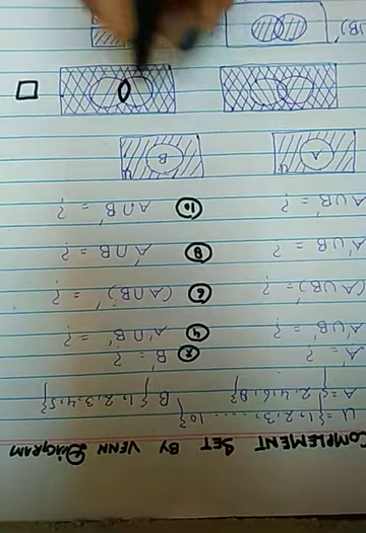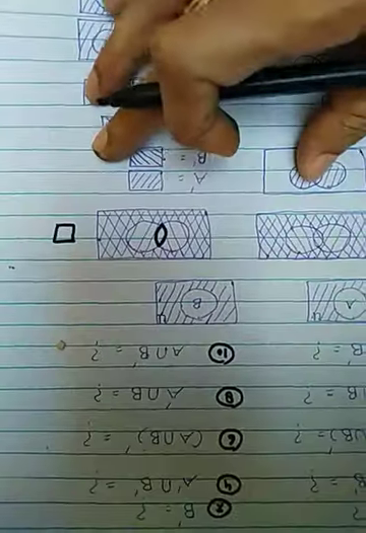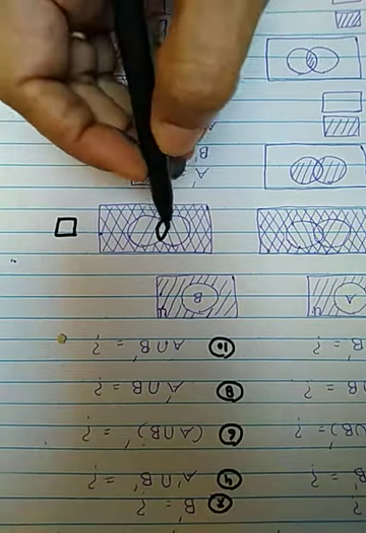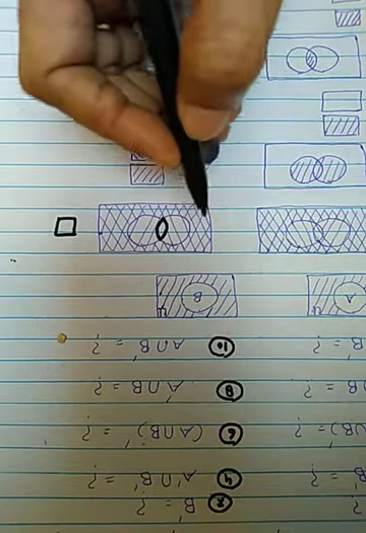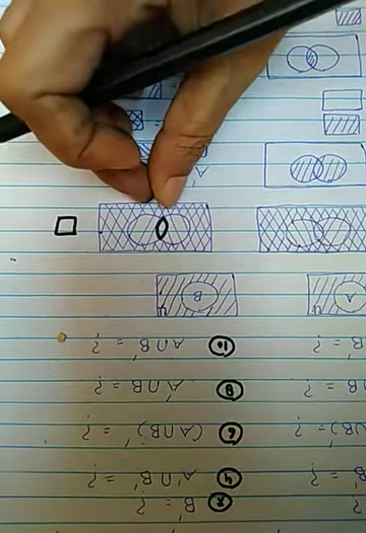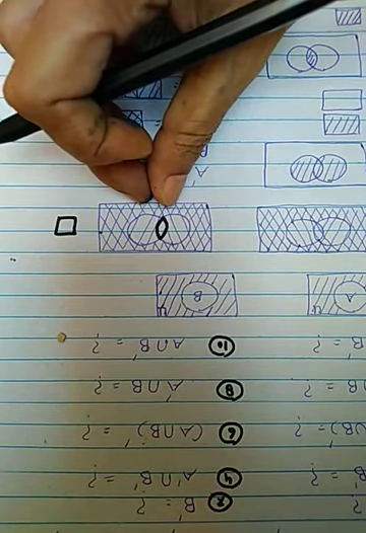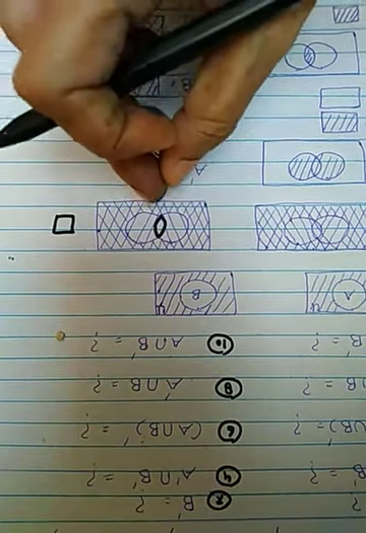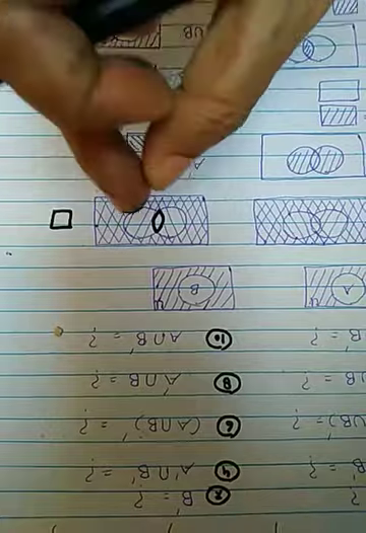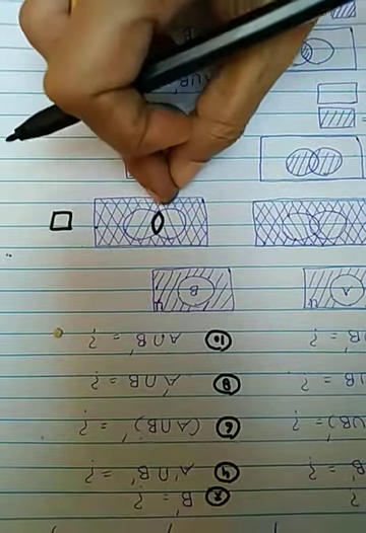And look at this figure. This figure contains A complement, B complement, A complement union B complement, and A complement intersection B complement.